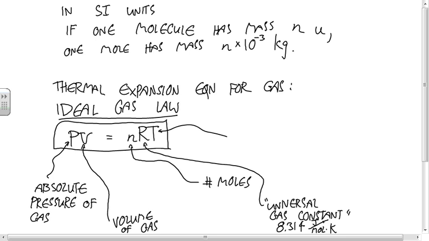But you could always figure out what those units were if you had to, just by knowing that in this equation the units have to work out. If pressure was in newtons per meter squared, volume was in meters cubed, N is in moles, temperature is in Kelvin, then there's only one set of units that this can be. And then T is the temperature in Kelvin.